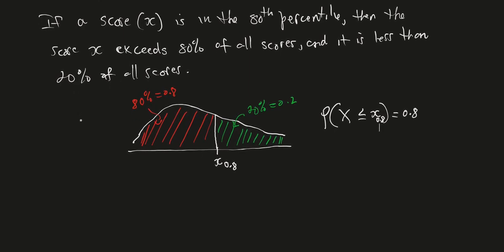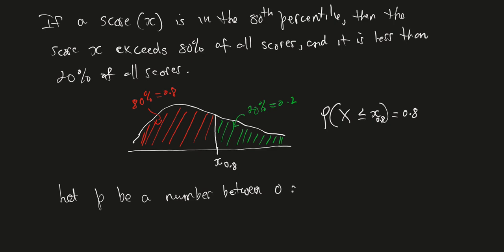So let's actually formally define what a percentile is. This is our formal definition. Let p be a number between 0 and 1, so it looks like a probability, and based on this, you can see that it is related to probability.